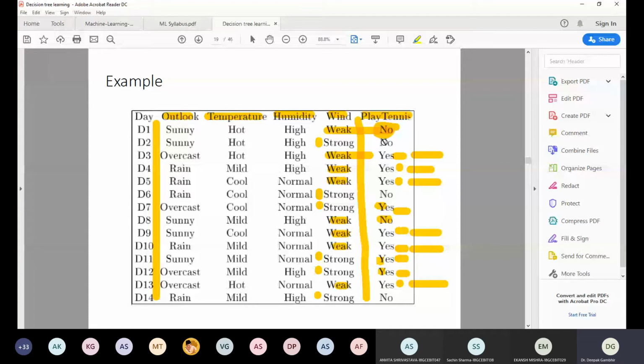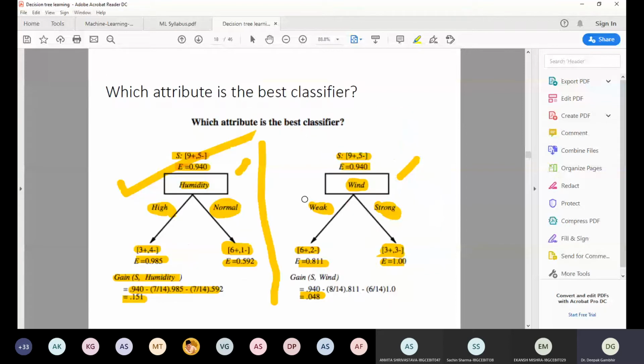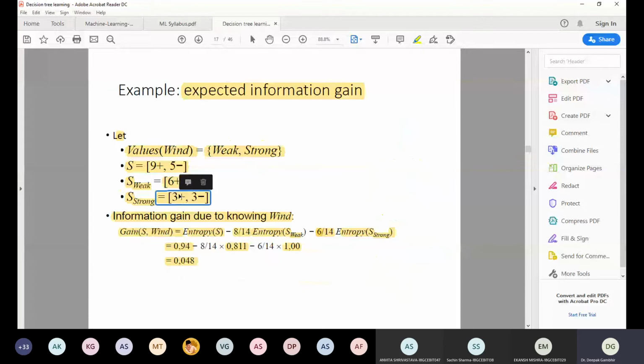So for the attribute wind, which is strong, there are 3 positive and 3 negative. So for the wind attribute, there are 2 outputs, weak and strong: 9 positive cases and 5 negative cases for the set S, for the set weak 6 positive and 2 negative cases, and for the set strong 3 positive and 3 negative cases.